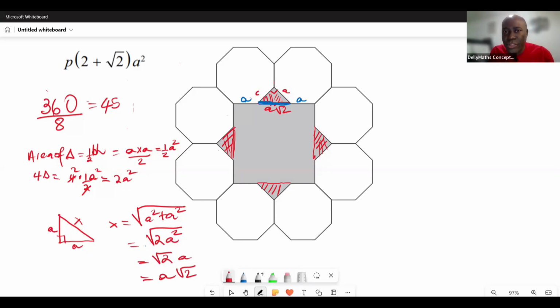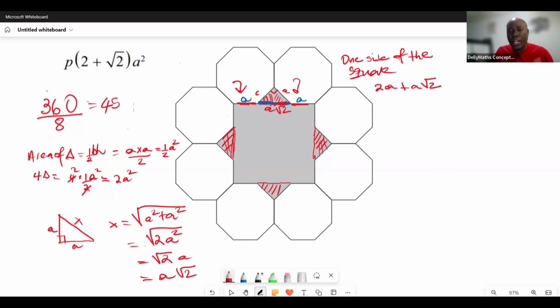So one side of the square can easily be found by adding the pieces. A plus A, so this A plus this A, that's going to give me 2A. So I definitely have 2A plus A root 2.